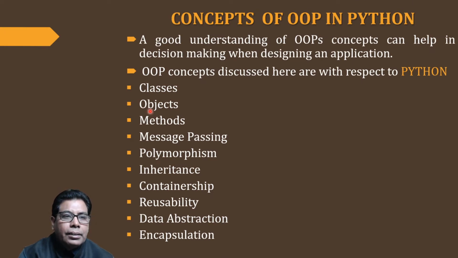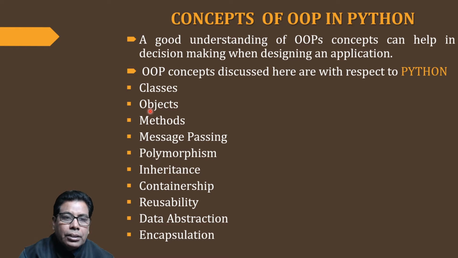Okay, let us see the concepts of object-oriented programming in Python. For good understanding of object-oriented programming concepts, and to help in decision making when designing an application, we must understand the different concepts.